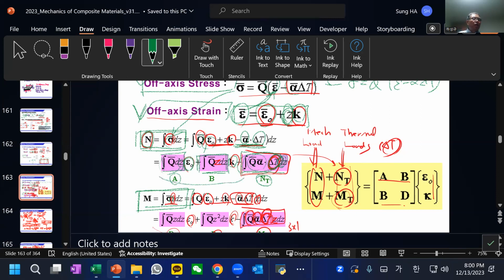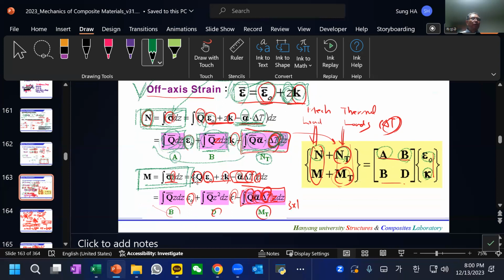So this term, NT, we put into the left-hand side, and now we have N plus NT. And then A matrix times epsilon 0, and B matrix times K. So that is the first term. And the bending moment is exactly the same as before. And then we have a new term.